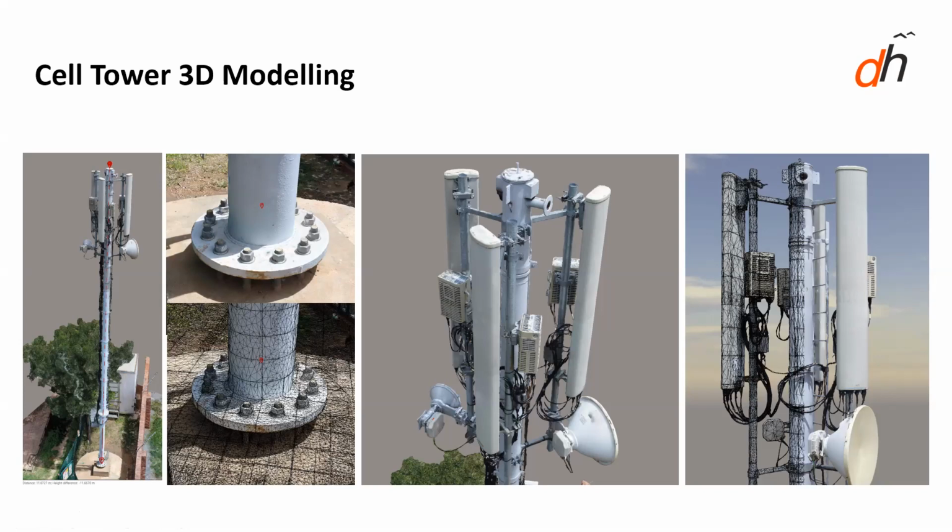They can be used to measure aspects on the cell tower, and they can even be used by the sales team of the cell tower owner to sell different parts of the cell tower for other companies that want to install new antennas, and so on and so forth. So modeling cell towers is one important application of cell tower scan, and we will go into how to use cell tower scan immediately.